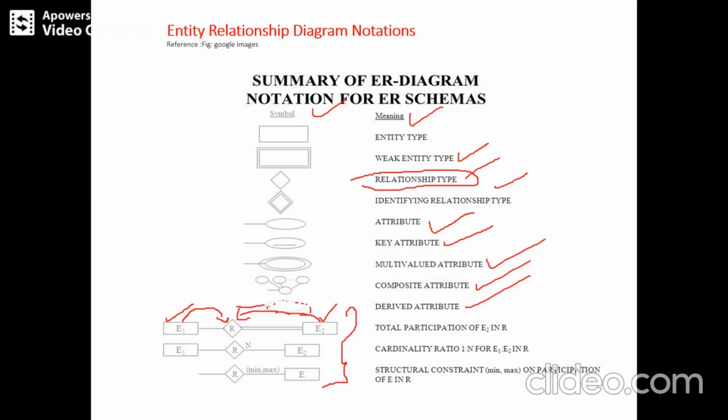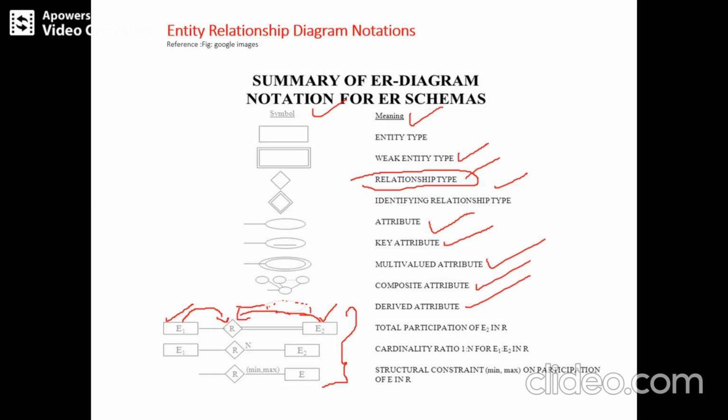A single line and a double line represent partial participation and total participation. If there is a single line from the entity type to the relationship type, we call it partial participation. If there is a double line between the entity type and the relationship type, we call it total participation.